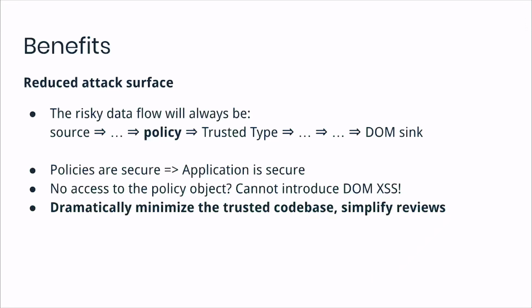So if you're using a library that maybe talks to the DOM, maybe it doesn't, you don't know, you don't really even want to review it because it's just a blob of JavaScript that does something and there's 300 of them, so you need to cut corners somewhere. Just don't give it access to the policy object and see what happens. Does it break? If it doesn't, then it never needed to talk to the DOM and you're done. So it dramatically minimizes the trusted code base that is security relevant for DOM XSS at least. And with that, it simplifies the code reviews.